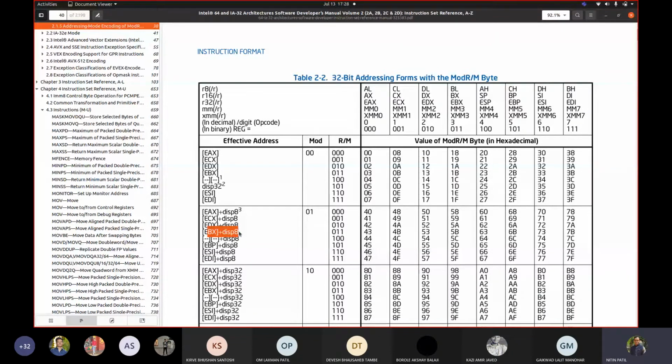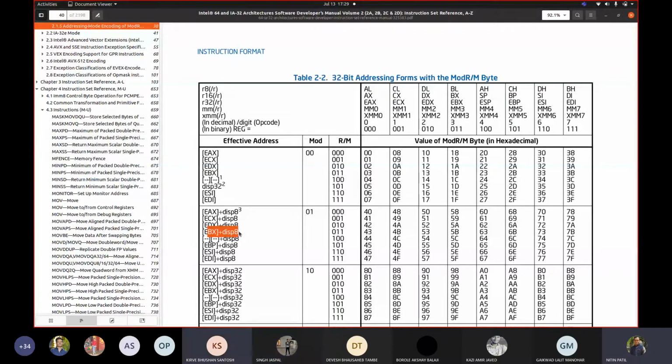What would be the maximum number for 8 bit? A byte. What would be the maximum number for a byte, if all of them are 1 in 1 byte? 255. 0 to 255, correct?